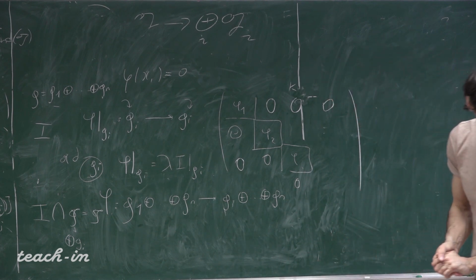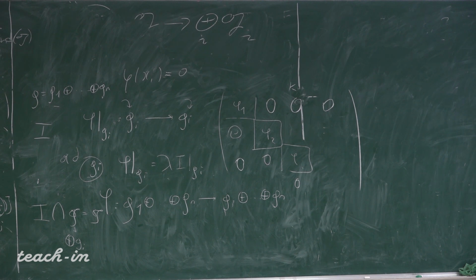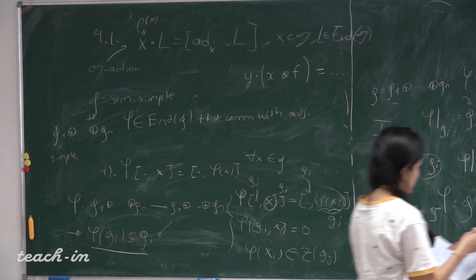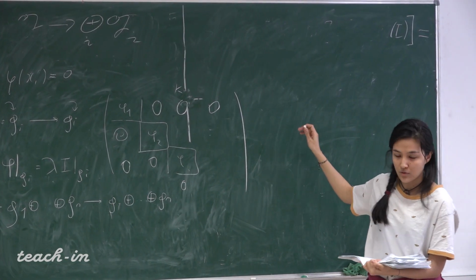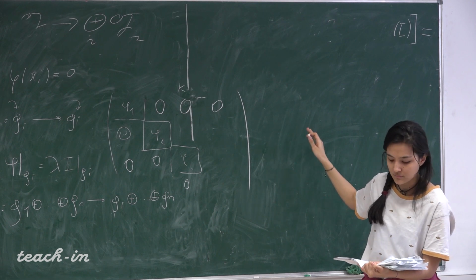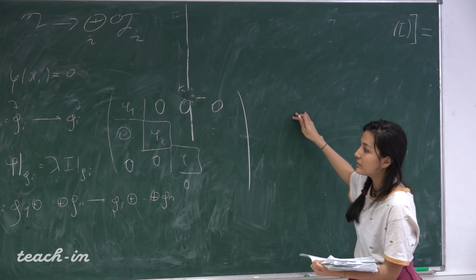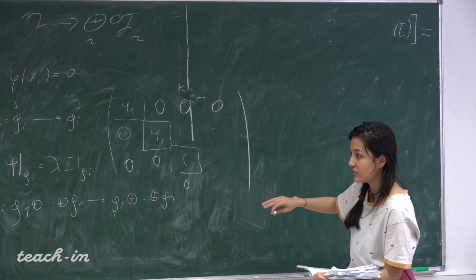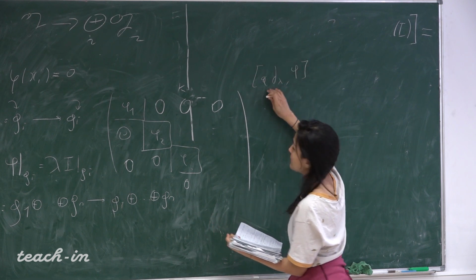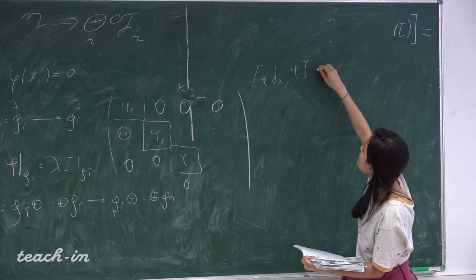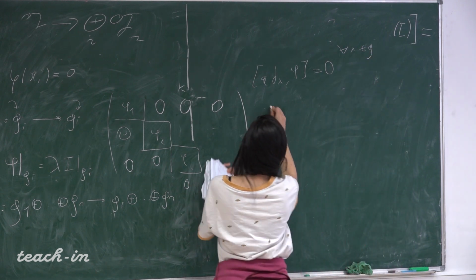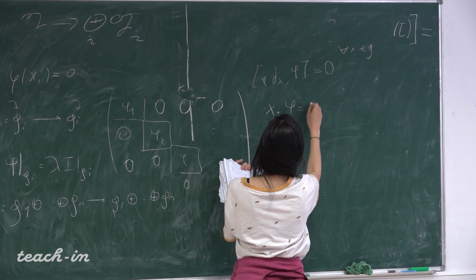Okay. I want to say something more. Another way to think about this problem is in terms of the first problem, the action on endomorphisms by G, the action of G on G. We want the maps phi such that they commute with the adjoint, so that for all x here, this is 0 for all g.